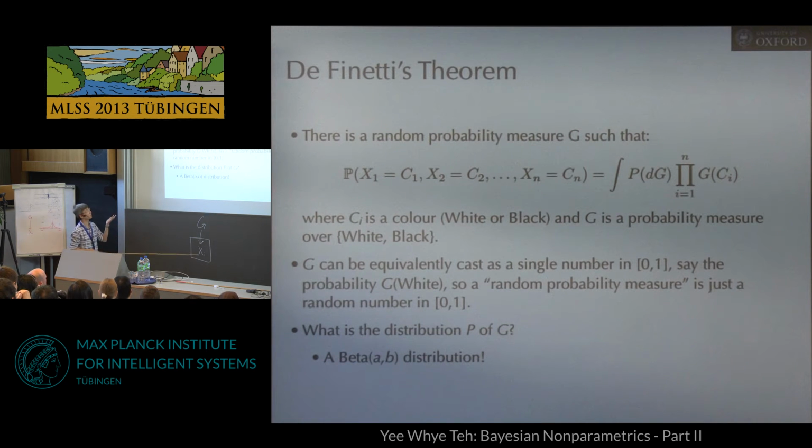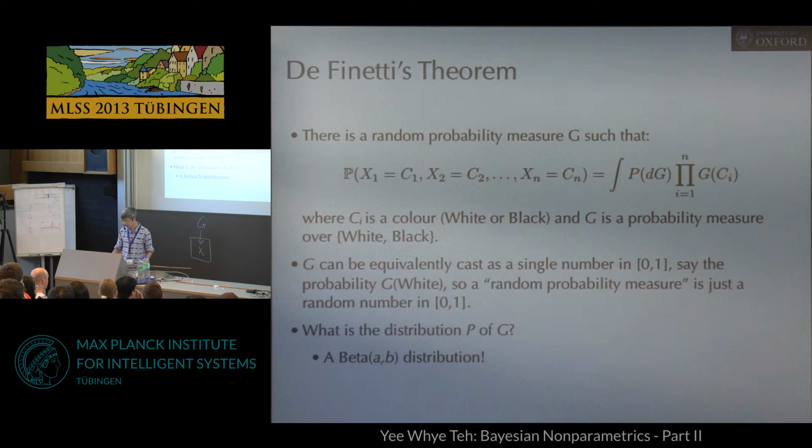And the question is, what is the distribution P of G under the Polya urn scheme? It turns out that it is simply a beta distribution with parameters A and B. So a random probability measure in this case is simply a random variable on the unit interval 0, 1.